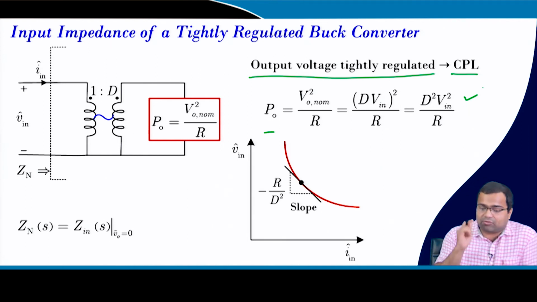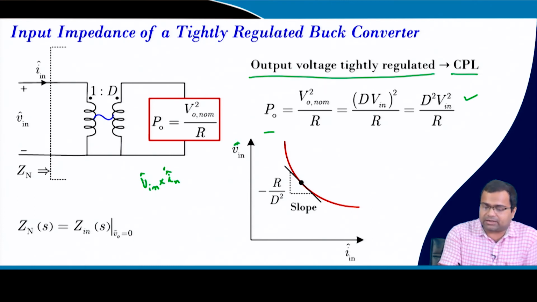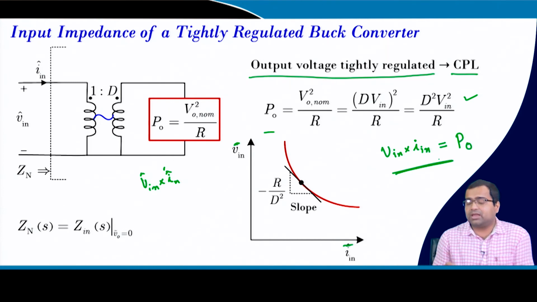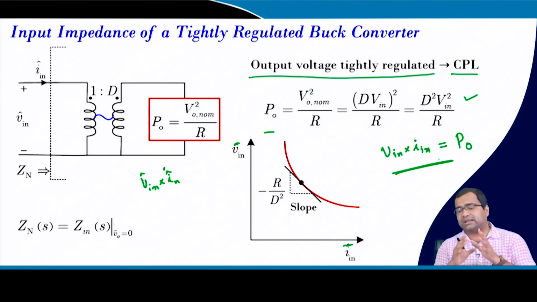Next, in a constant power load, the product of Vin into Iin, I will say it is not the perturb term, because it is the actual term. The perturb term is 0, but I am saying that if you take the actual input voltage into the actual input current, they are basically constant. That means, if you take DC, this is anyway constant. If you take DC plus excitation, power is constant.